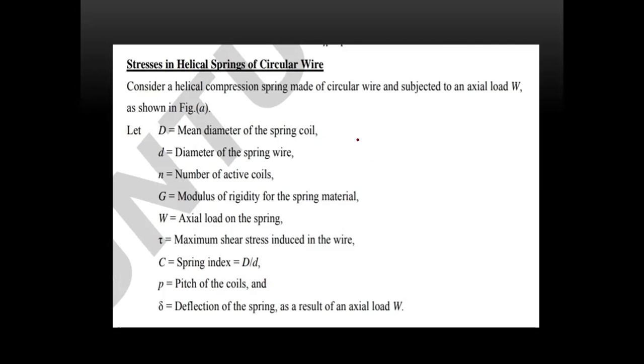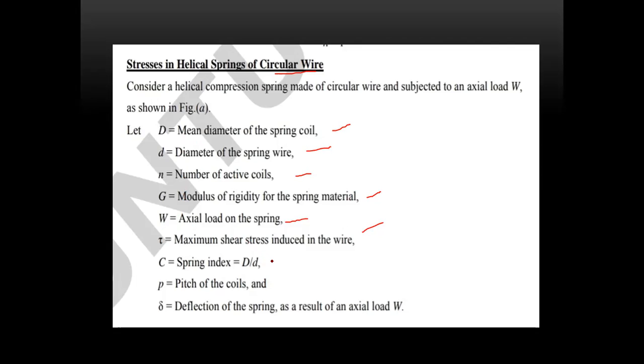The stresses in helical springs of a circular wire: D is the mean diameter, small d is the diameter of the wire, n is the number of coils, G is the modulus of rigidity, W is the axial load of the spring, tau is the maximum shear stress. You have to remember these notations.